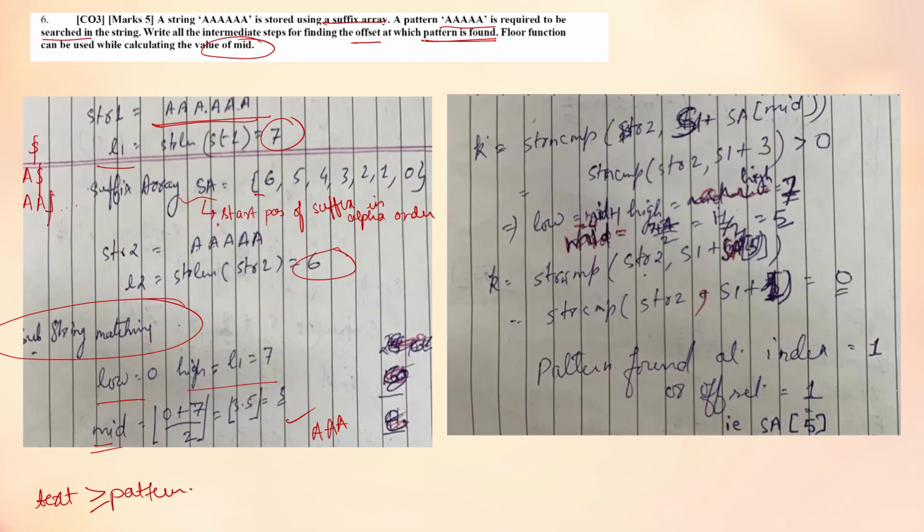Now ignore everything at index 3 and search your top half. Now the suffix at index 5 will give you an exact match.